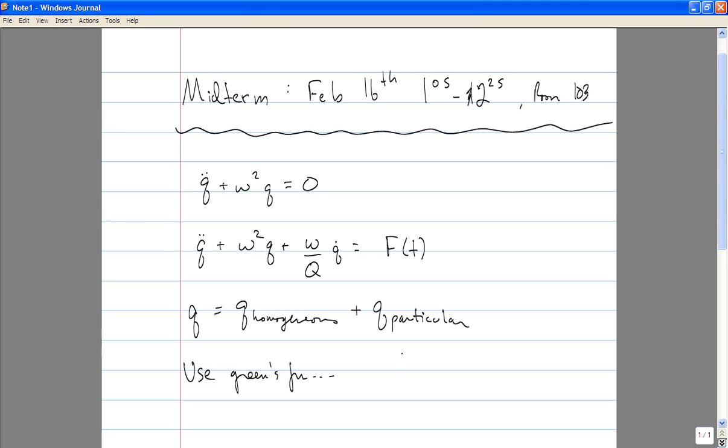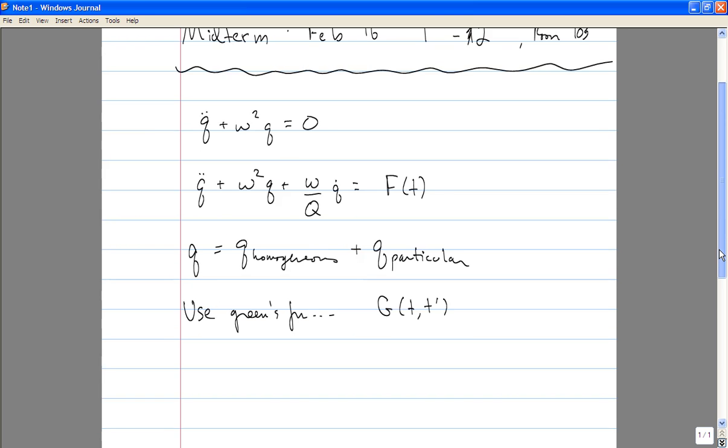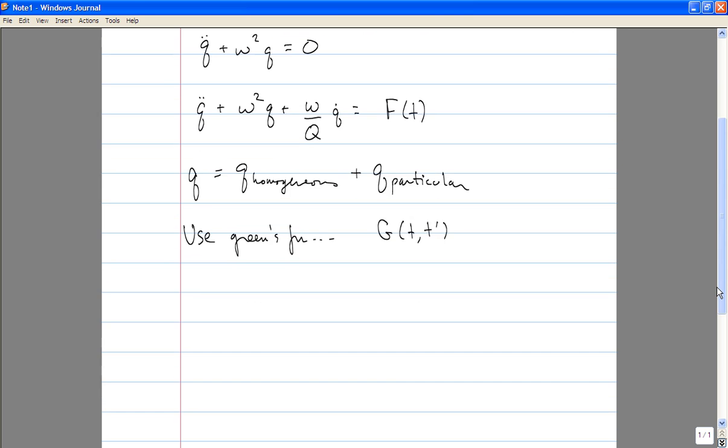So if we define the Green's function, G of t and t prime, to be the response of the oscillator to a kick of unit impulse at t equals t prime, then that means that this Green's function obeys the differential equation of the damped harmonic oscillator, but with the addition of a driving force, which is a delta function at t equals t prime.